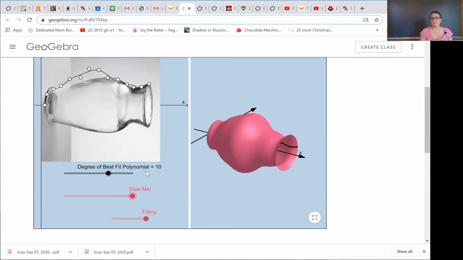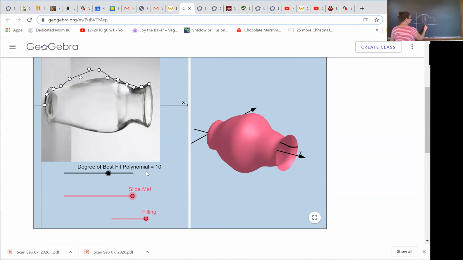Remember what we did before to find areas, we used those rectangles. Well, what's going to happen to a rectangle? Let's say this is my vase. Here's my approximating rectangle.